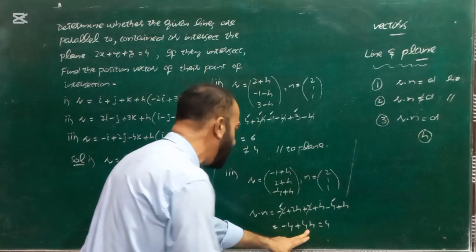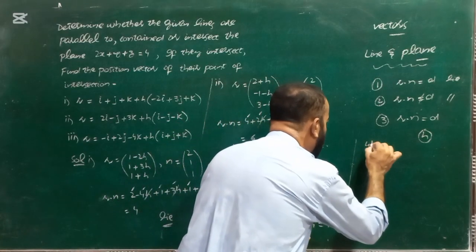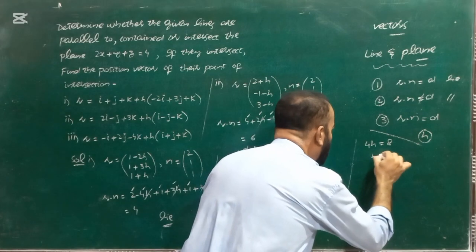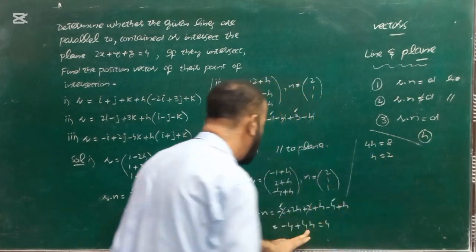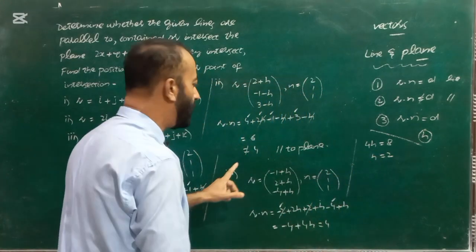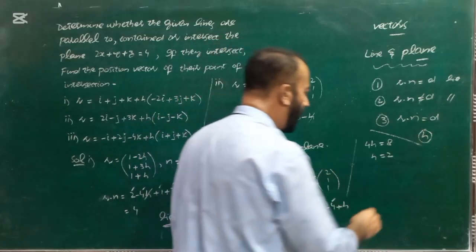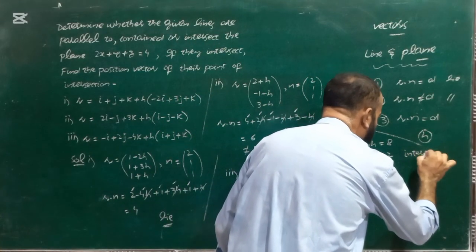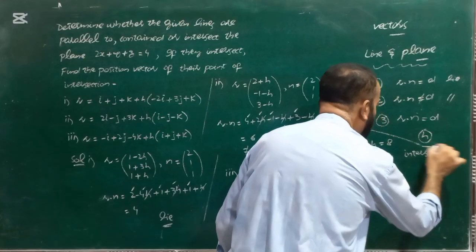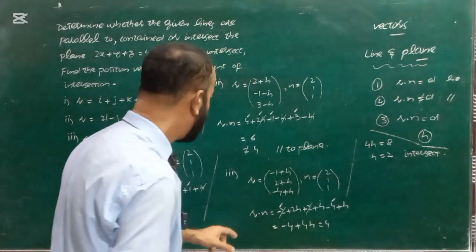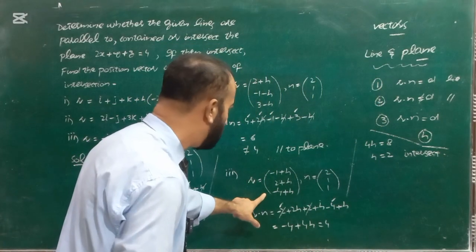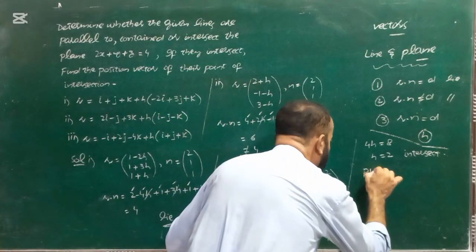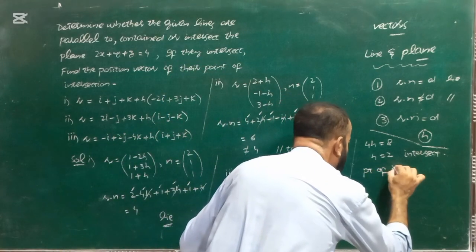So 4 lambda will be equal to 8, and lambda will be equal to 2. So this is the value of lambda. So definitely the line and plane will intersect each other. Okay, now the point of intersection will be here. So put the lambda value over here.